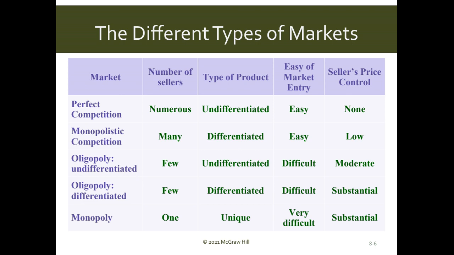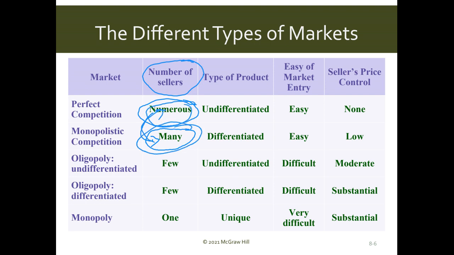Number one, and you have to remember this, number of sellers. In perfect competition, we have numerous firms. In monopolistic competition, we have many, but don't worry about it. I don't think that this is 100% correct. You could have written numerous here as well. So these two characteristics are identical in these two markets.